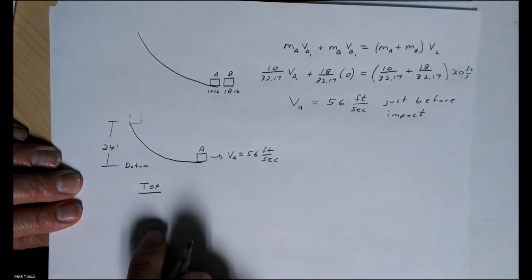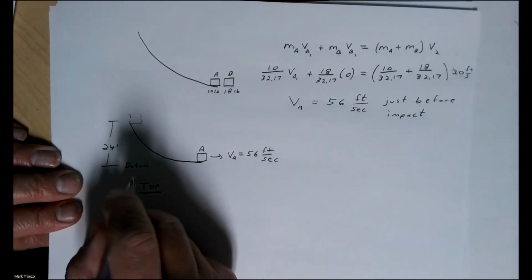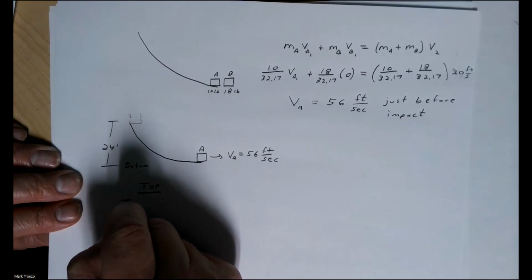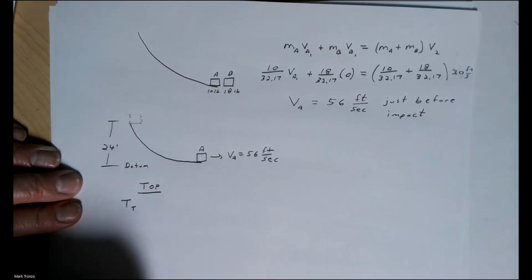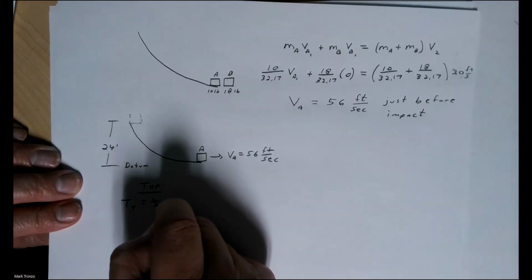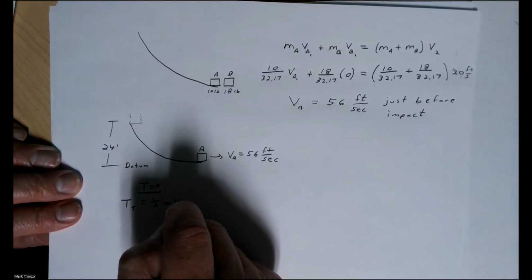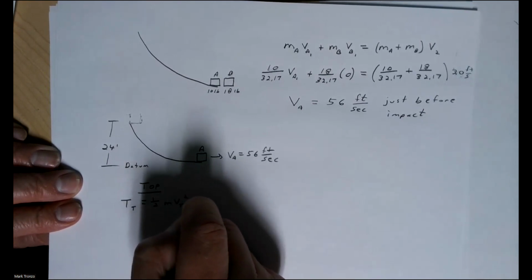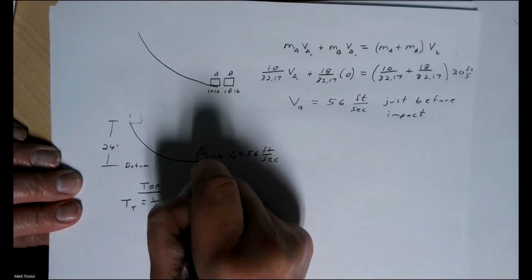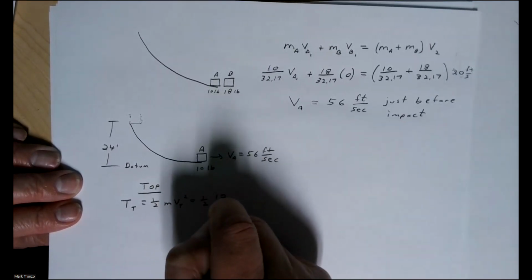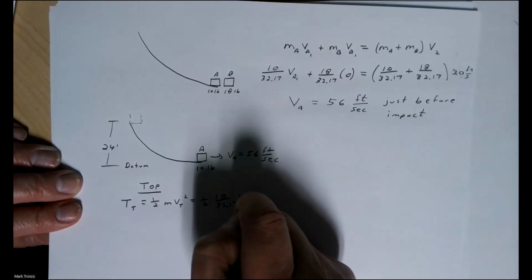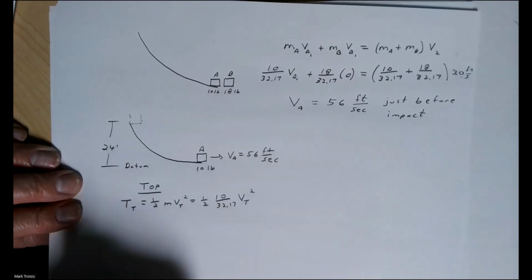And so when it was back at the top, let me call T for the top, it is 1/2, this is the kinetic energy, and so this would be 1/2, remember, this one is 10 pounds, 10 divided by 32.17 times the velocity at the top squared.